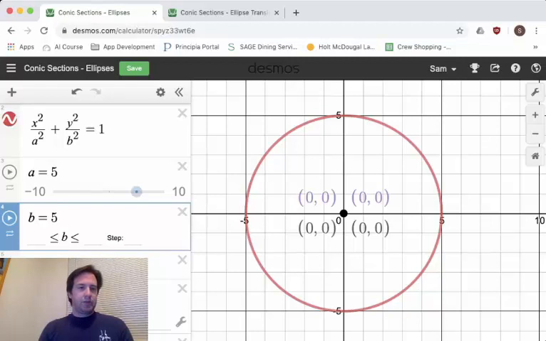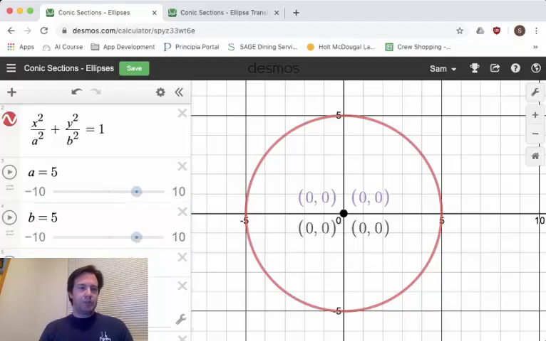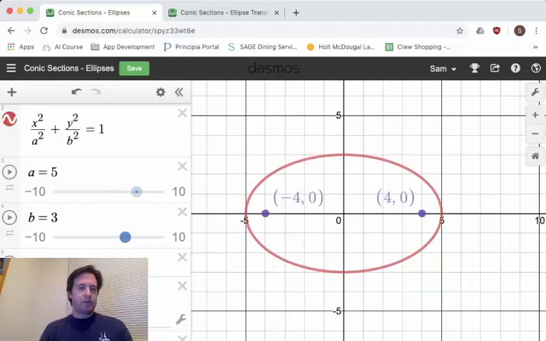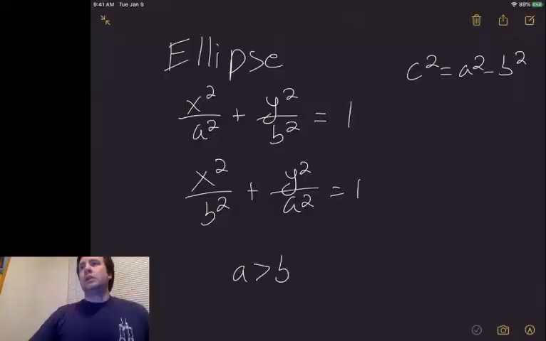Now, the relationship between the foci, those coordinates, and our a and b values is that we can always find the coordinates for the foci if we know what a and b are. So let's go to the iPad and I'll show you how some of that math works.